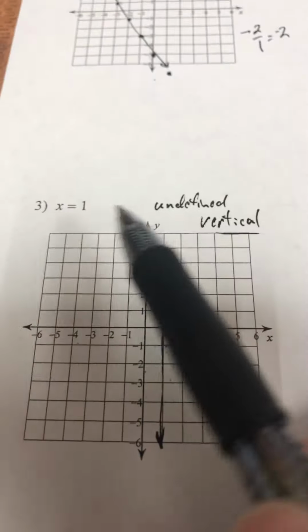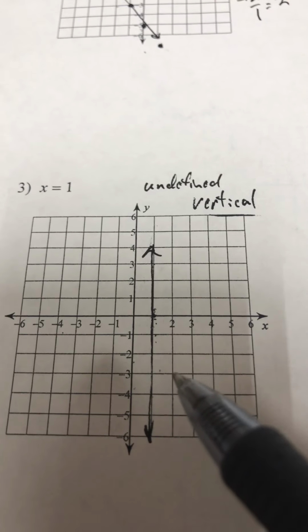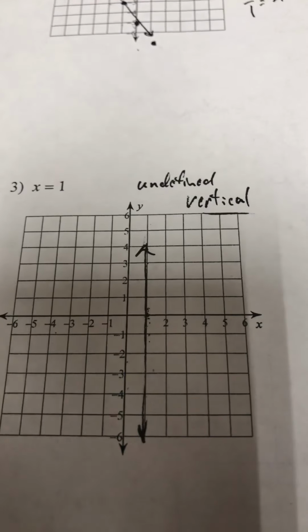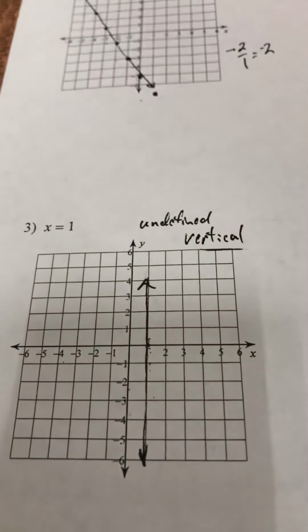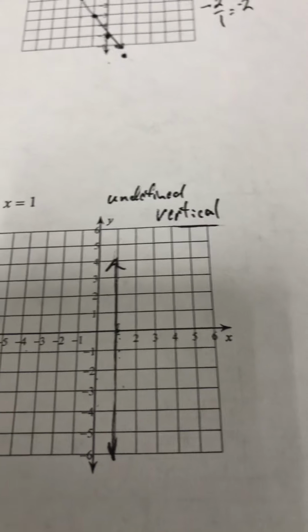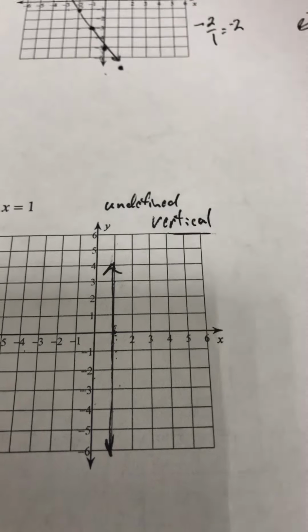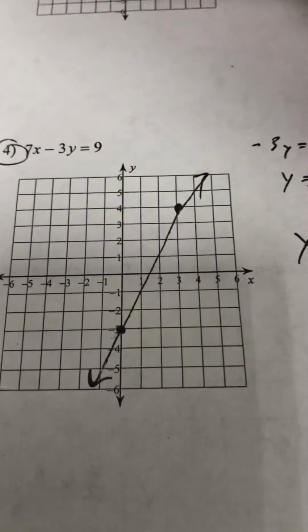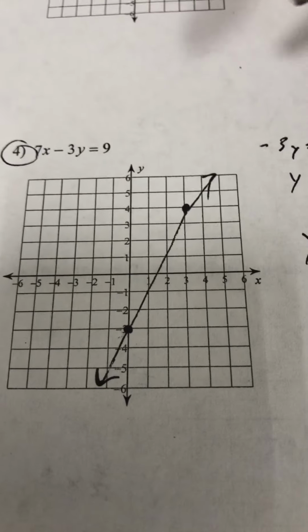If you're figuring out the slope of a vertical line, you would get an error on your calculator because it would be a number divided by 0. If there was an equation for number 3, it's just x equals 1, so it was already there for you.